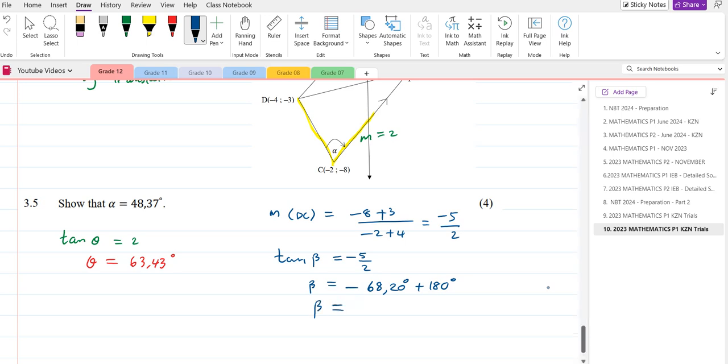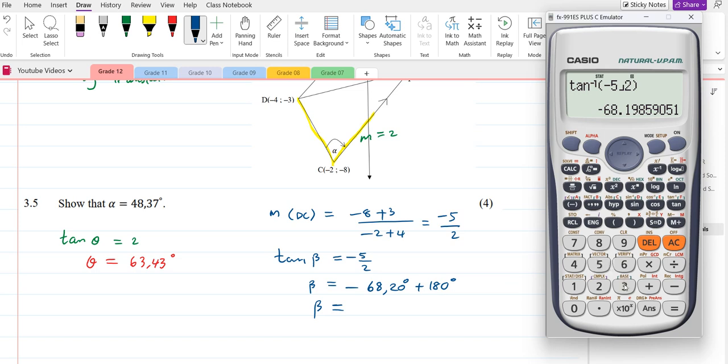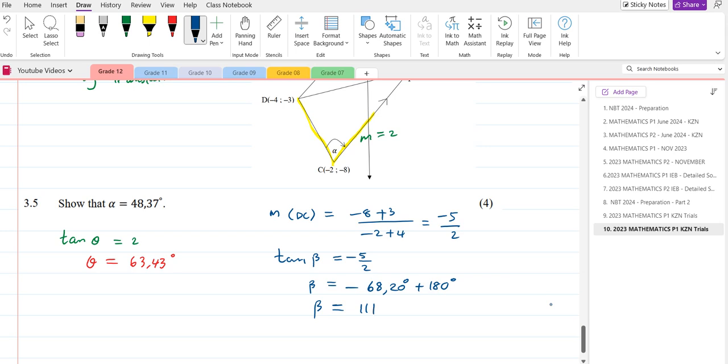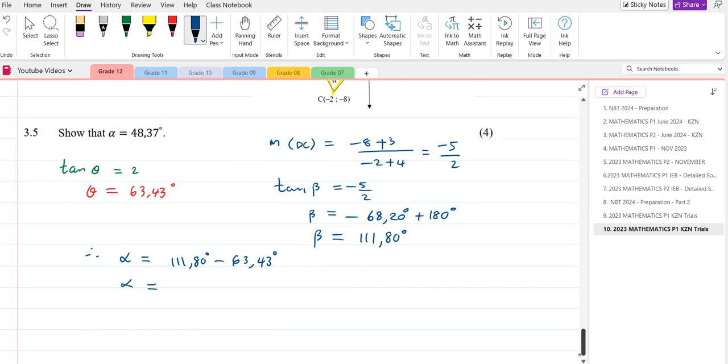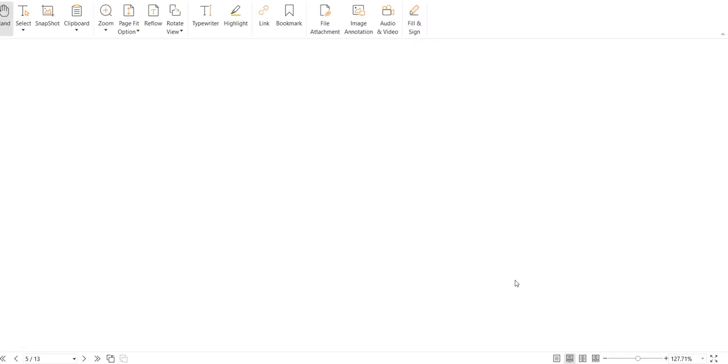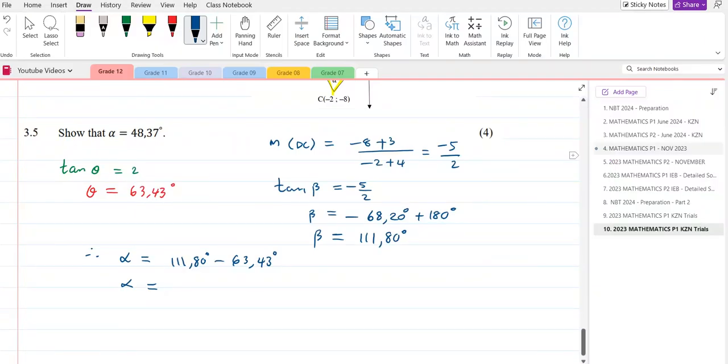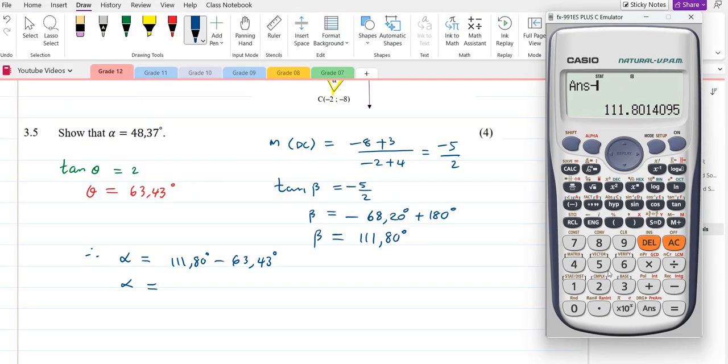So beta angle is now, let me add 180, I'm getting 111,80. So therefore alpha is big angle minus the small angle, 111,80 minus 63,43, and you should get an answer which is, yes guys, 48,37. Let's check. Minus 63,43, 48,37.